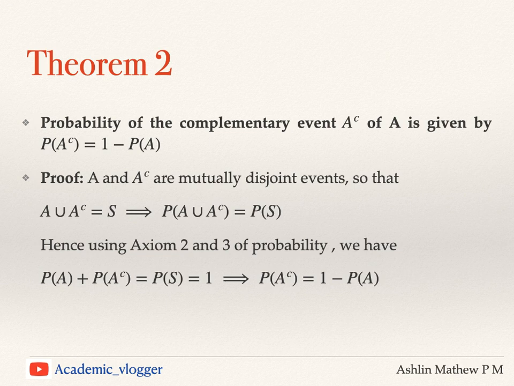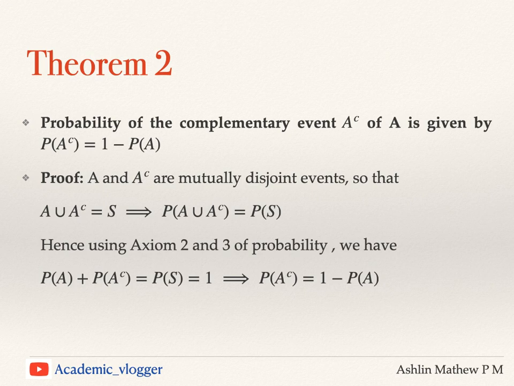Coming to the proof, we know A and A complement are mutually disjoint events, or mutually exclusive events. So A and A complement will not have anything in common. Since A is the only event, A union A complement will be S, the certain event, the sample space.